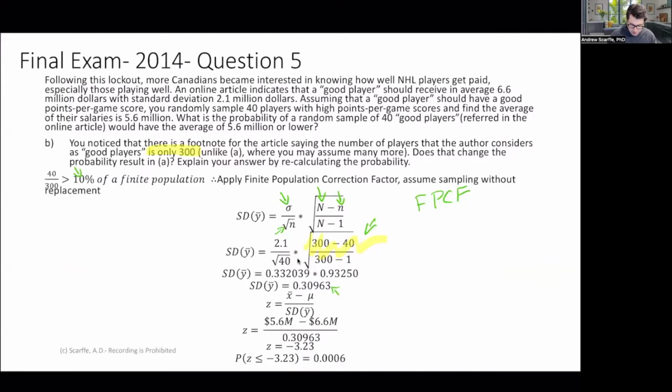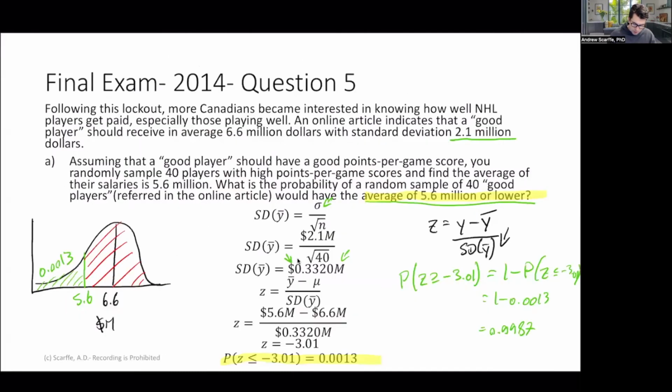So the probability that z is less than or equal to negative 3.23 is equal to 0.0006. Whereas in part A of this question, where we assumed that it was less than 10% of the population, we still had a very small probability, but it is a much smaller probability when we consider the finite size of the population.